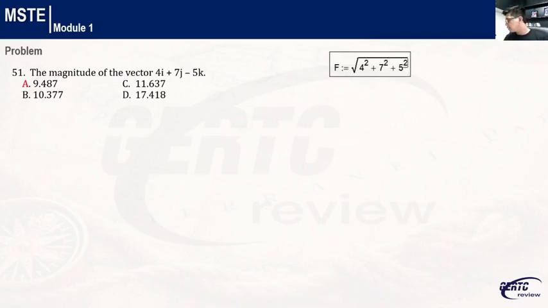That is negative, but if that is raised to second power, magiging positive lang naman siya, no? So the magnitude is equivalent to 9.487. Okay, again sa test paper nyo wala itong equation natin na 4i plus 7j minus 5k. So find the magnitude.